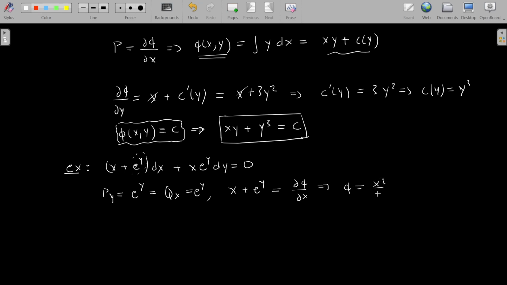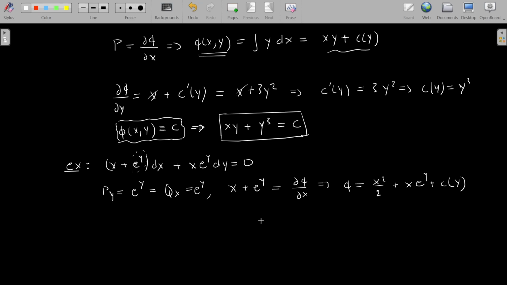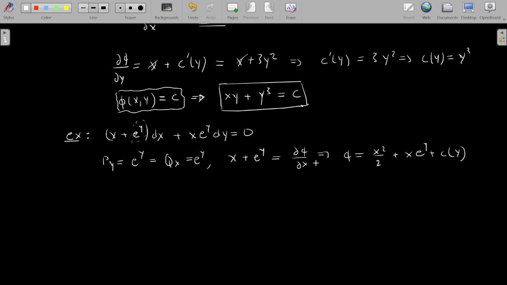So x squared over 2 for this guy plus x e to the y, and don't forget the constant which depends on y, because again this is a partial derivative and y is treated as a constant, and we need the most general way to express our constant.